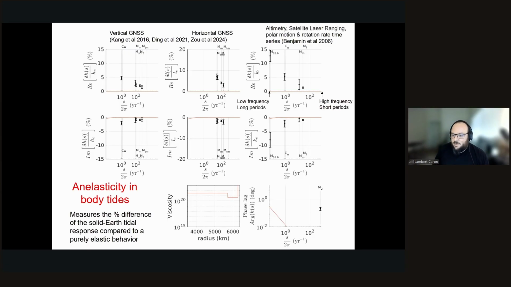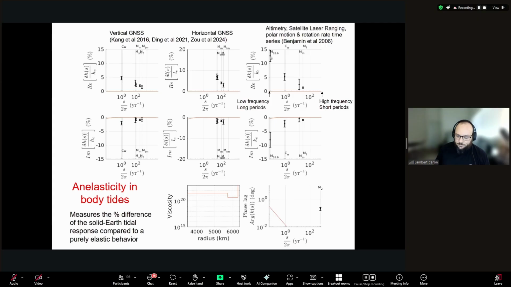What you can see in this plot is that on the MF time scale, which is 2 weeks, you are around 2 to 3% deviation from the elastic value, and then building up to the 18.6-year tide, you're reaching something like 12 or 13% deviation from the elastic Love number. So it ends up building up and being significant.